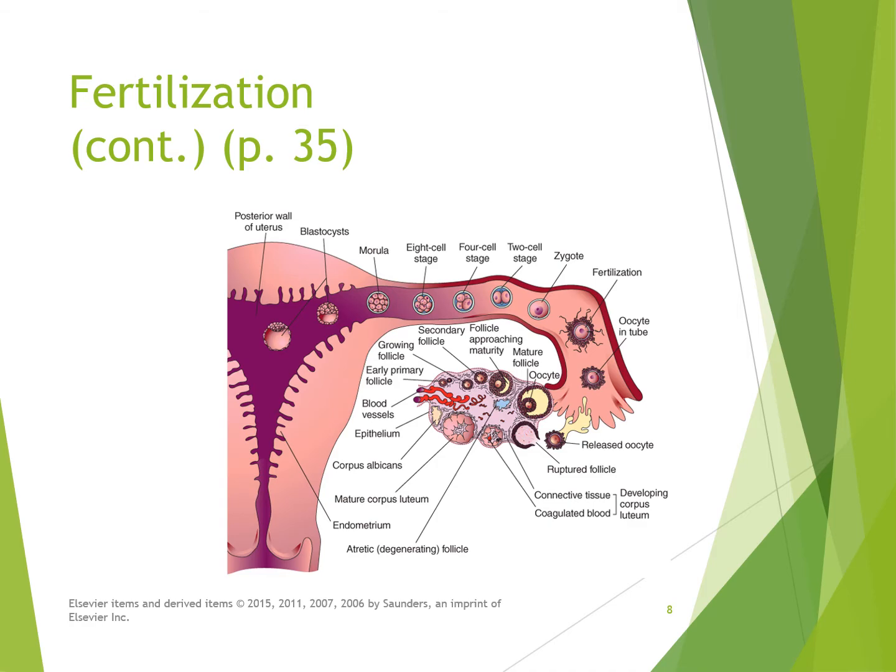So your egg is being released, the sperm goes in, does its fertilization, then it travels, then it turns into a zygote, then all these splits are happening until it finally gets down into the uterus, and you can see the posterior wall of the uterus. That is where implantation of the fertilized ovum usually happens. That's where we want it to happen. If it implants other places or not very well, bad things can happen.